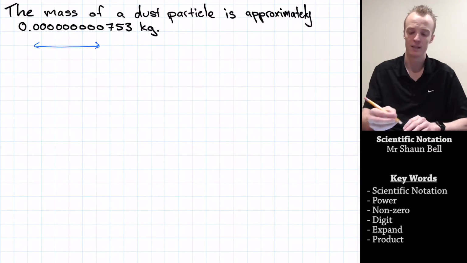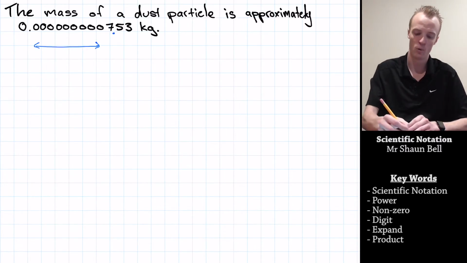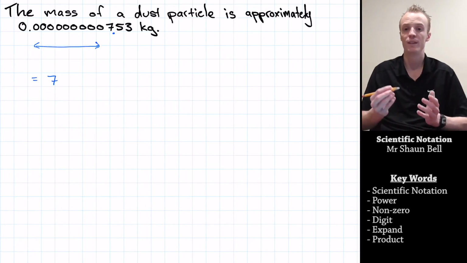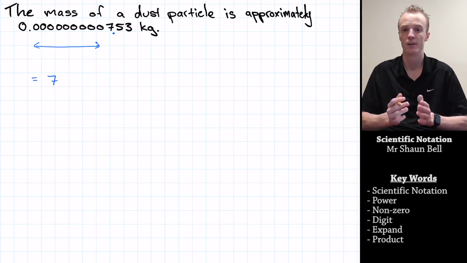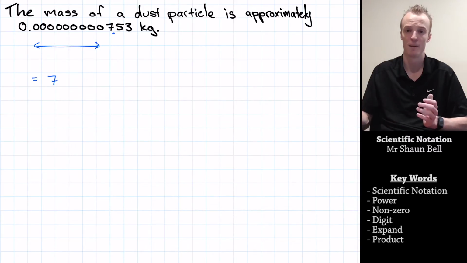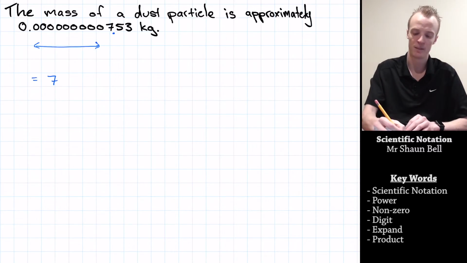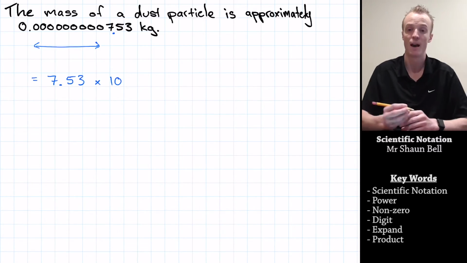So we put the decimal place after the 7. Then we record the number, so this is equal to 7, with all the digits, including zeros, until there's nothing but zeros remaining. So in this case, it's going to be 7.53, and we multiply that with 10 to a power.